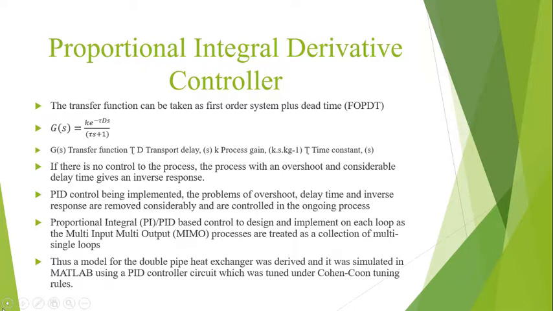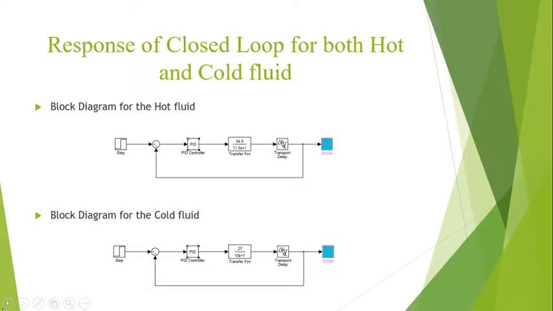For this simulation, I was designing it under a closed loop system. By simulating this in MATLAB, I had it tuned under the Cohen-Coon tuning rules, and was able to analyze this.